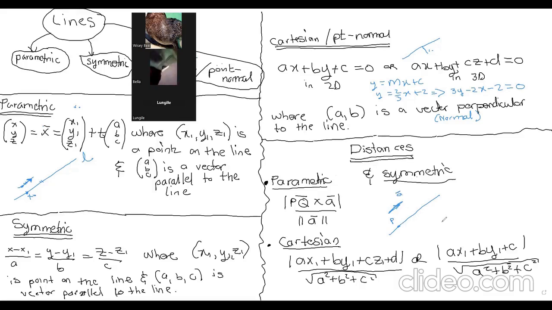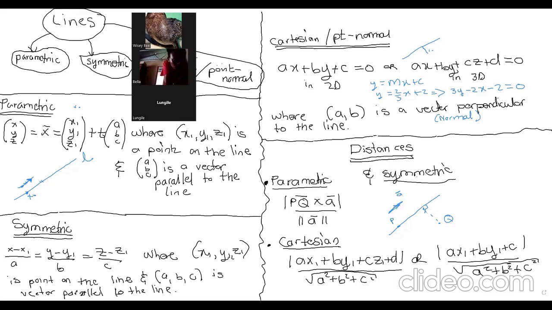And then maybe some random point, let's say Q, right? You might need to find the distance between this line and this point. So you use this formula.